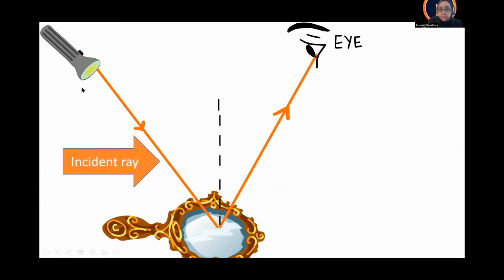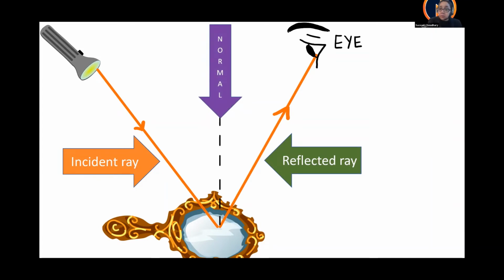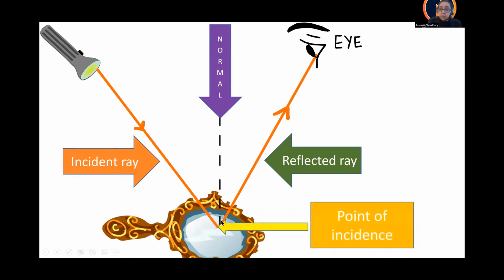The ray which is falling from the luminous object onto the mirror is called the incident ray, and the other one we call the reflected ray. And this line we call the normal. The normal is always perpendicular to the surface where it is striking. This point we call the point of incidence. We have already studied these terms in our previous classes.